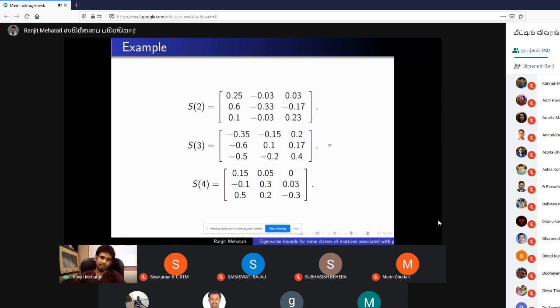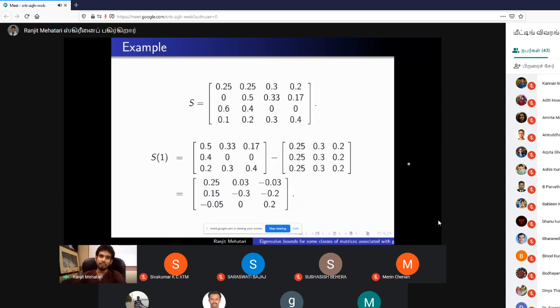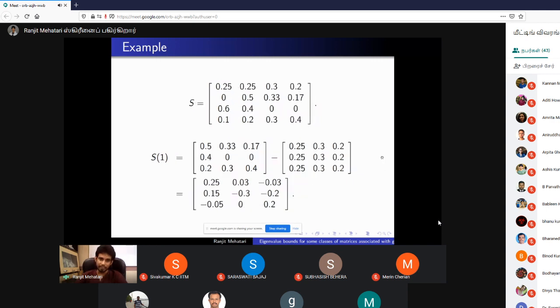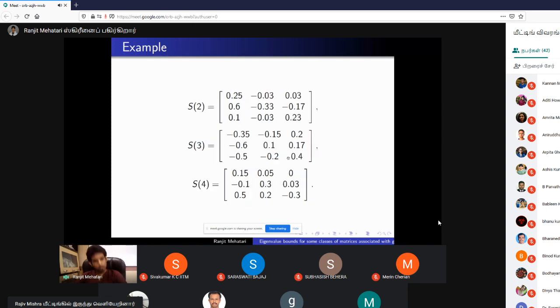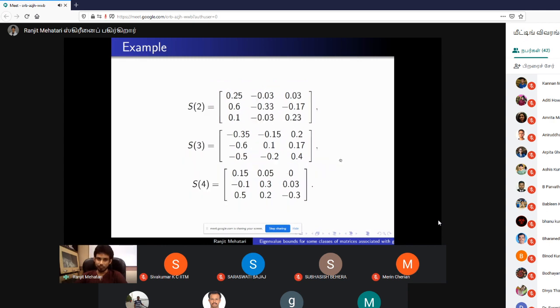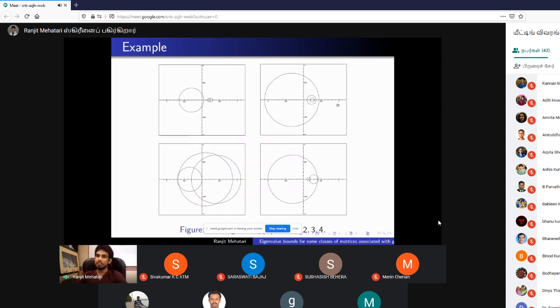The row sum for the matrix S here is 1. So from our theorem, all eigenvalues of S other than 1 are also eigenvalues of the matrices S1, S2, S3, and S4. Now we apply the Gershgorin theorem to S1, S2, S3, and S4, and we obtain these four regions.